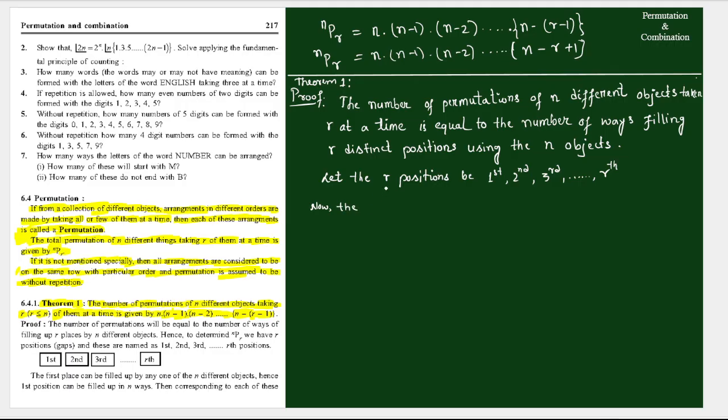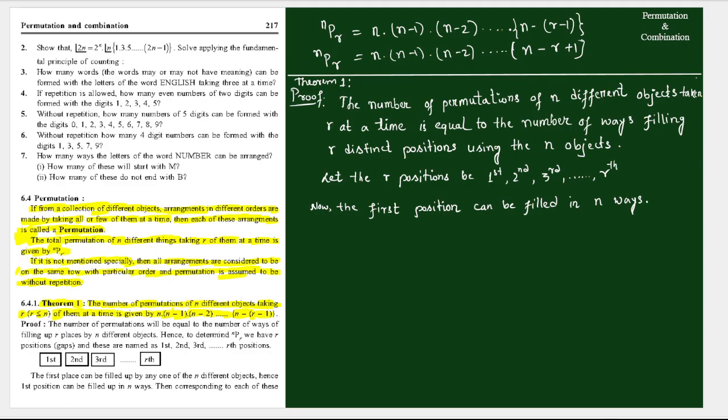The first position can be filled in how many ways? There are n objects, so it can be filled in n ways.